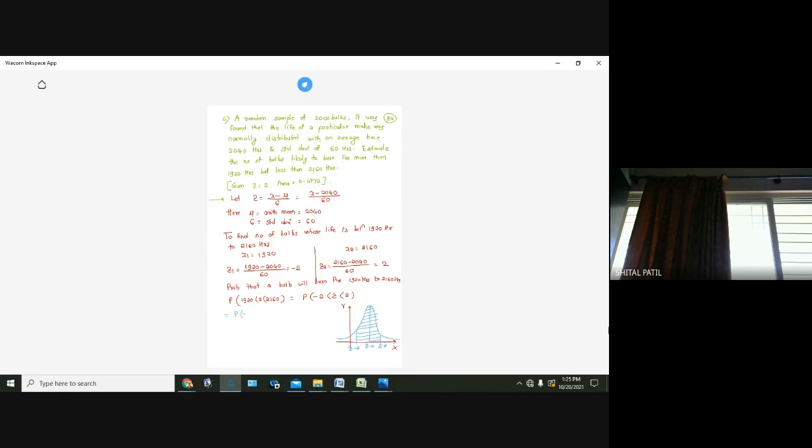So probability from -2 to 0 and from 0 to 2.